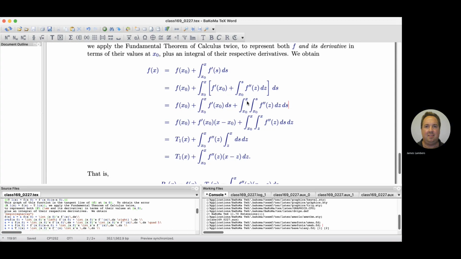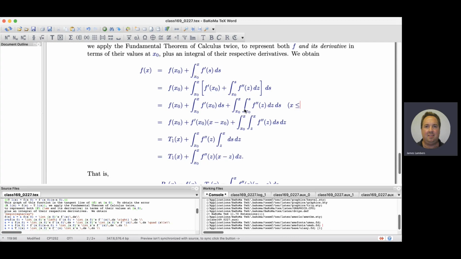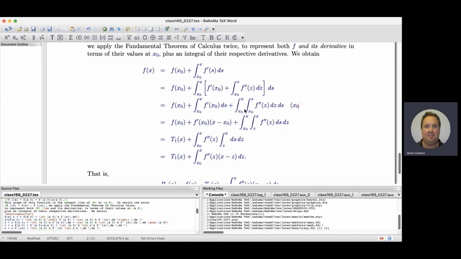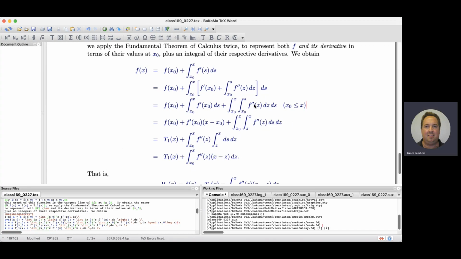Now, x can be anything, but I'm going to assume for convenience that x naught is less than or equal to x. It doesn't have to be true, but I'm going to make that assumption, and I should make that clear here.